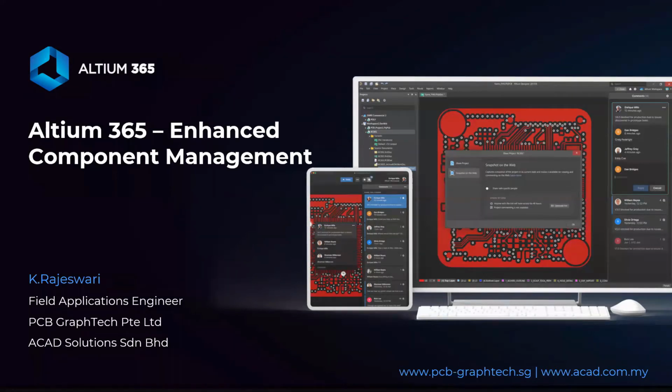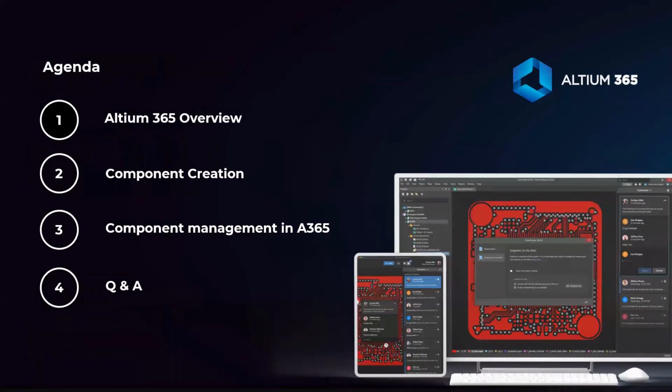Now let us go to the agenda. The first topic is the Altium 365 overview, where we are going to see the plans for Altium 365 Standard and Altium 365 Pro. The second topic is component creation, where we are going to see how to create a component and how to edit it.